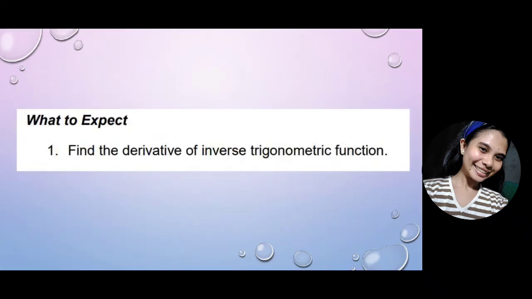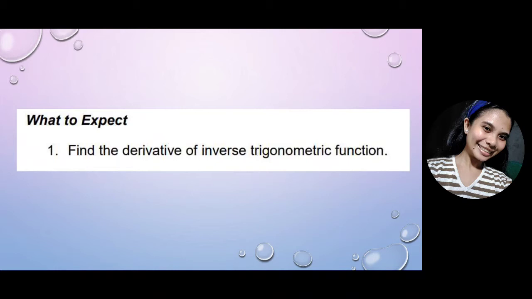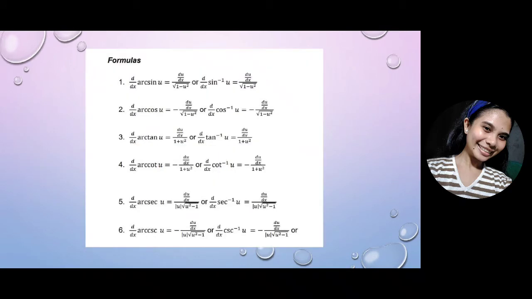So, what to expect? Find the derivative of inverse trigonometric functions using our examples. The following are the formulas that we must use in our examples in the next slide. So, these are the formulas that we are going to follow.